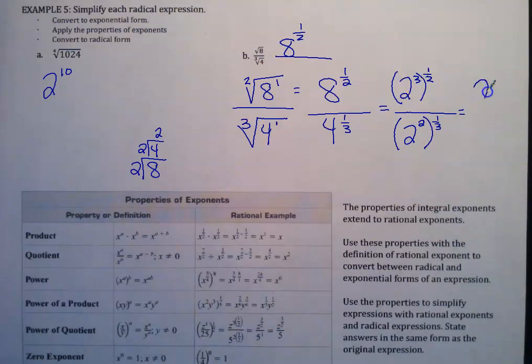No. So then this is just 2, 3 times 1/2 is 3/2. Do these cancel? No, so it's 2, 2 times 1/3 is 2/3. And the exponents are reciprocals of each other.